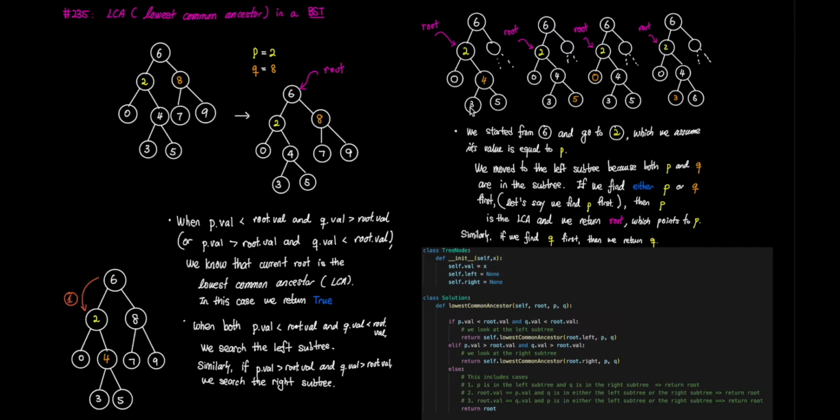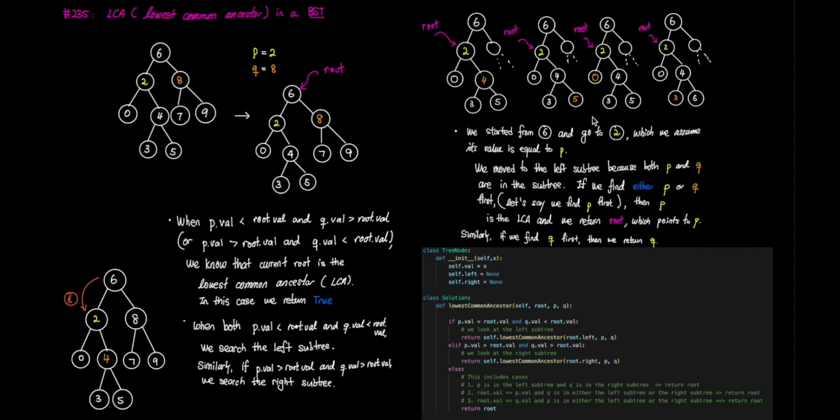Q's value was assumed to be 4. If Q is 3, then Q will be here. If Q is 5, Q will be here. So if Q is bigger than 2, we don't have to look for Q anymore. We just return this root node, which will be 2.